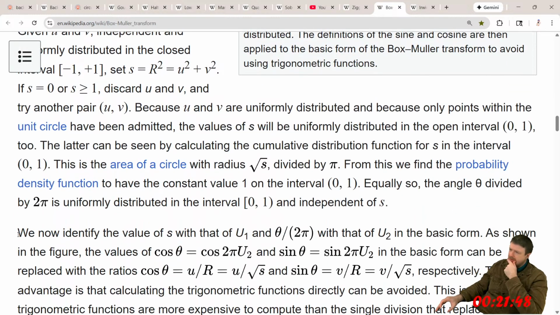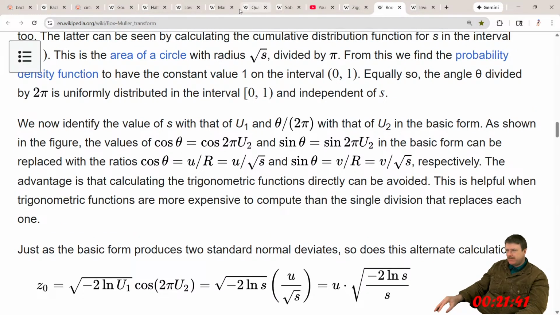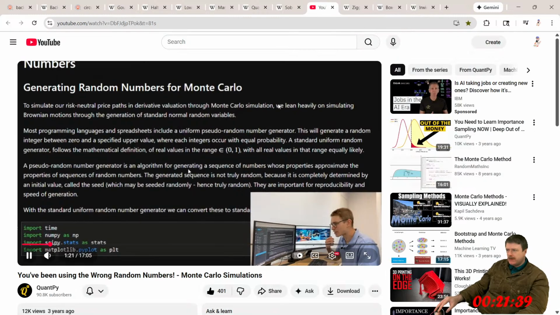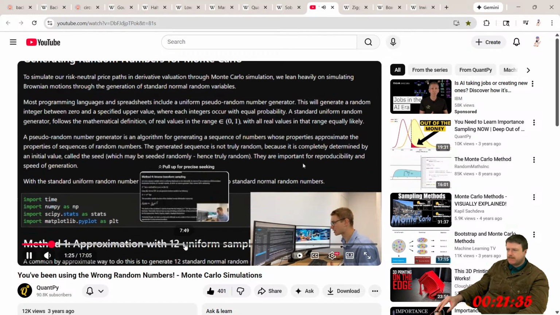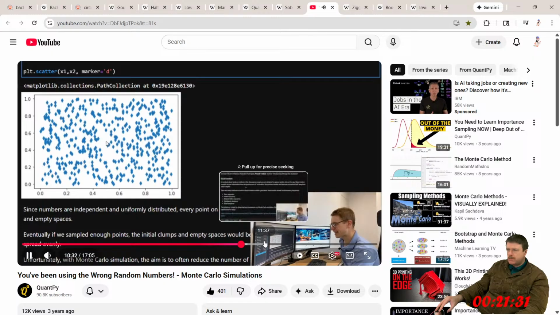Is that what's going on? But where does the seed come from? This guy knows what he's talking about, dude. Generating numbers whose properties approximate the property. Then there are empty spaces.